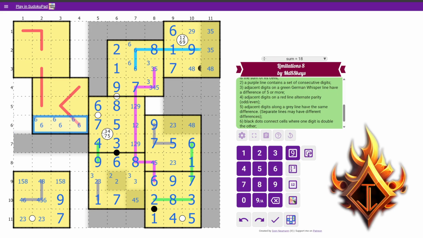6 is in one of these. A 1 is up there. An 8 is up there.